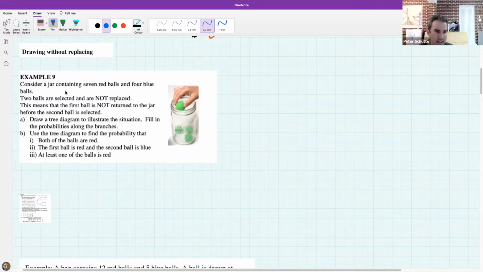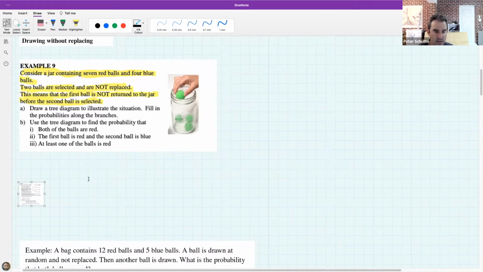So this is the question, and we'll do it together. Consider a jar containing 7 red balls and 4 blue balls. 2 balls are selected and are not replaced. This means that the first ball is not returned to the jar before the second ball is selected. Draw a tree diagram to represent the situation.